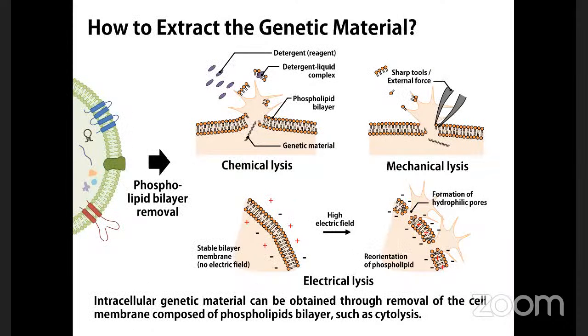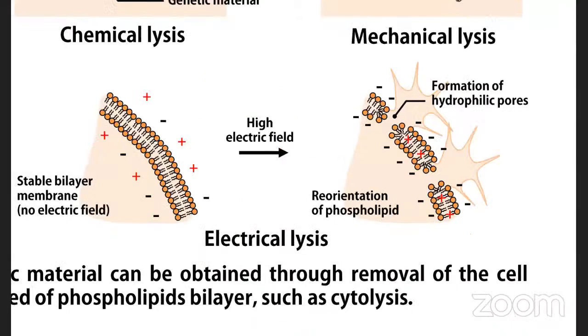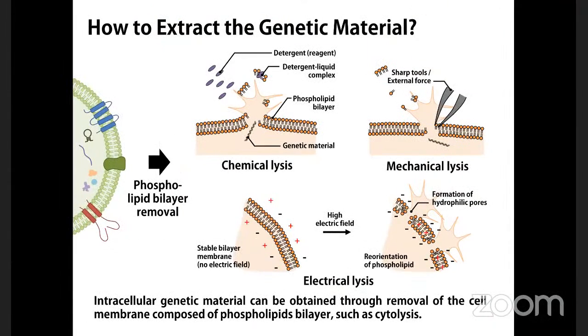In order to acquire the genetic material in the liquid biopsy, it is necessary to remove the phospholipid bilayer. There are various methods, but currently chemical, mechanical, and electrical lysis are applied to extract genetic material in liquid biopsy based on microfluidic channels. Chemical lysis is a method of removing cell membranes by mixing reagents such as lysis buffer or detergent.